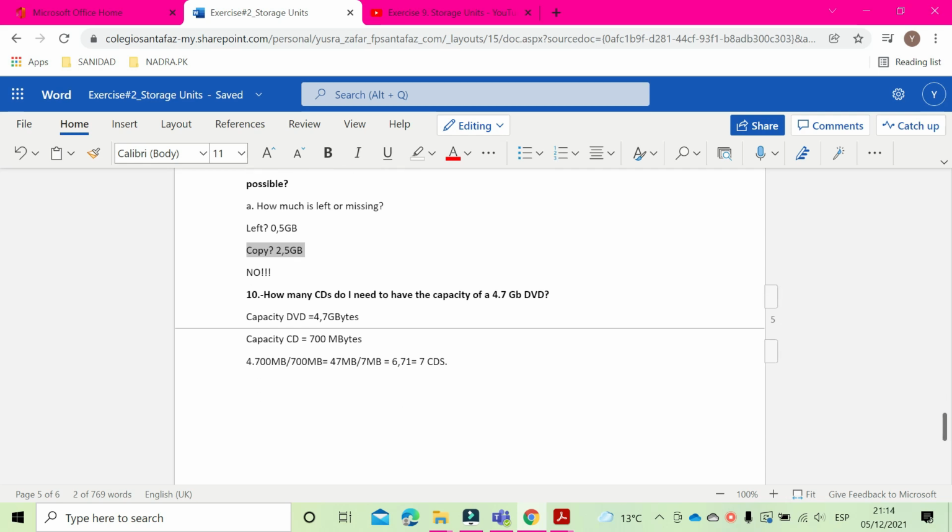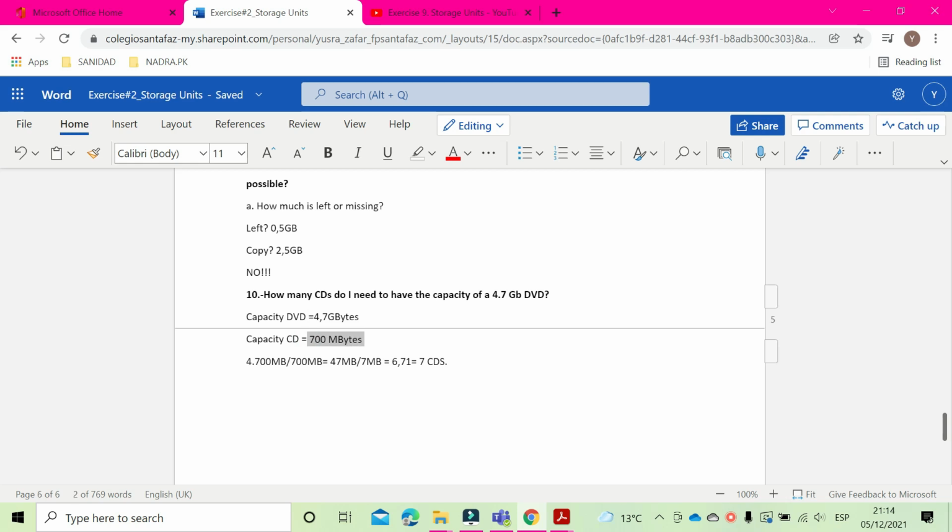The next is, how many CDs do I need to have the capacity of a 4.7 GB DVD? The capacity of the DVD is 4.7 gigabytes and the capacity of a CD is 700 megabytes.